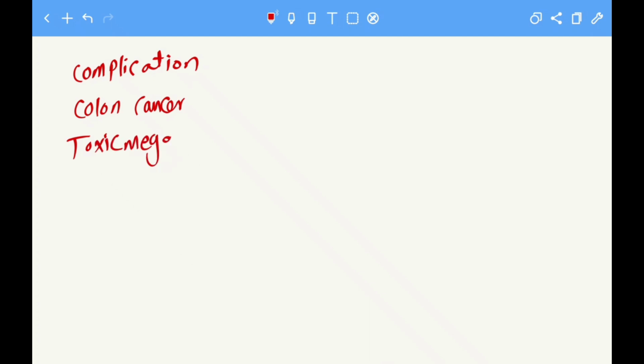What are the commonest complications? As we said before, colon cancer, toxic megacolon, and finally malabsorption.